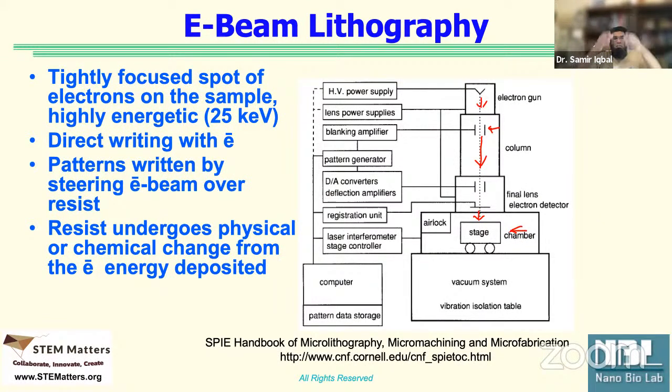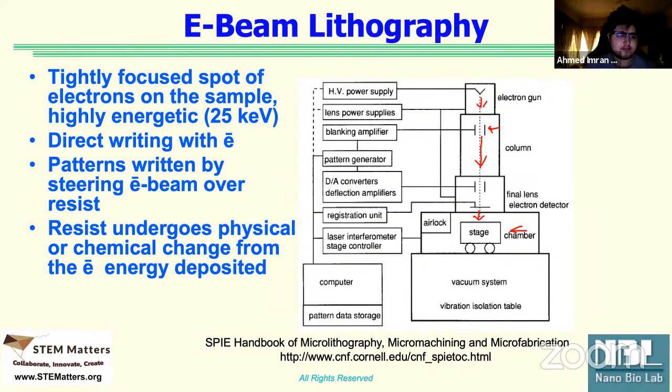In this column, we have what you call an amplifier, which means we are making the electrons go faster. We are increasing their speed. And then we have a pattern generator, which tells us how to move the beam. You see, it says DA converters, deflection amplifiers. The beam is coming and I want to deflect it to the right.